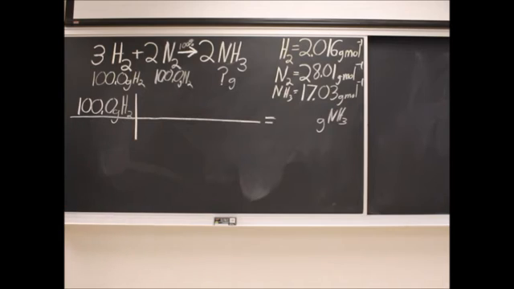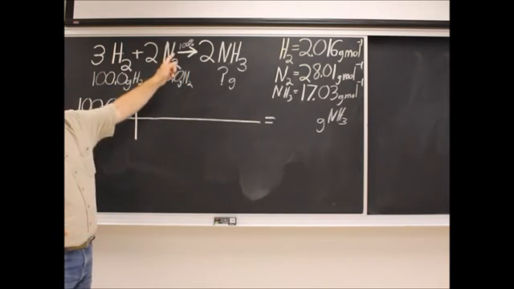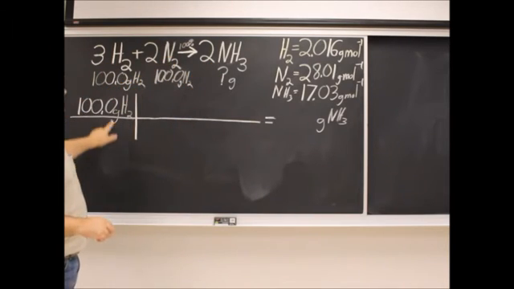And we'll address that a little bit later on. So now this is just a normal stoichiometry problem. I have 100 grams of hydrogen. I'm trying to get to ammonia, so I have to use the balanced chemical equation.